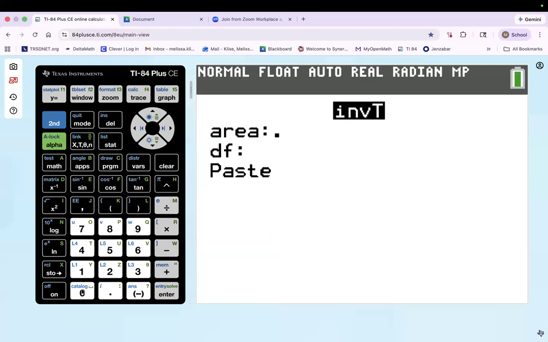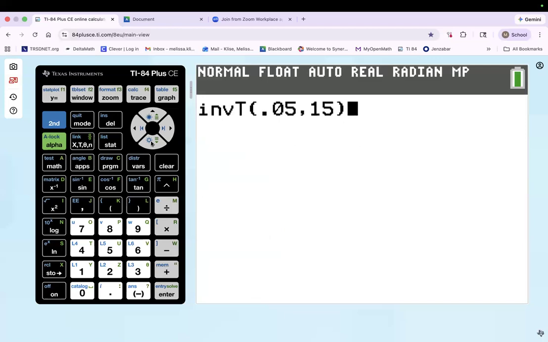I want the area, we're going to do 0.05, which is the one we were just looking at, for 15 degrees of freedom. And remember, the area is to the right. Hit enter. If you don't have the fancy menu that I have, it would be area and then degrees of freedom and hit enter.